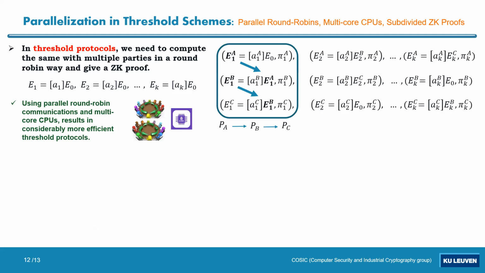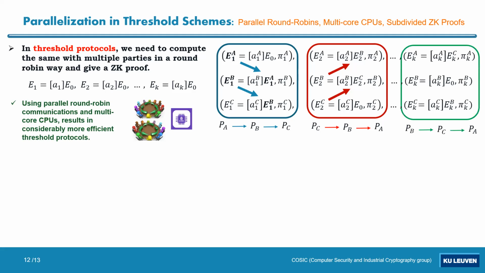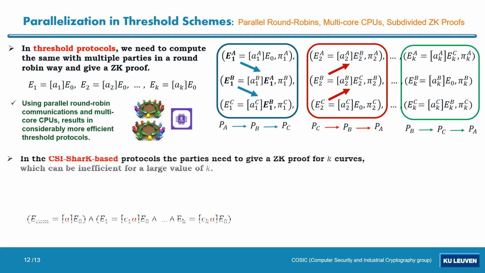Party one can start with these curves, and party B can start with this one. So you don't need the first party to do the 1,000 curves and give them to the second party, who then does the same. No, you can give 100 to the first party and 100 to the second party. They can start because it doesn't matter. They just have to update it one time. And then you reach the same public key that you wanted, but in parallel round robins instead of just one single consecutive round robin.